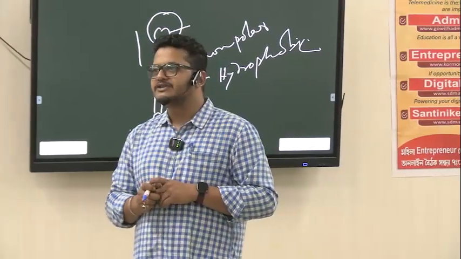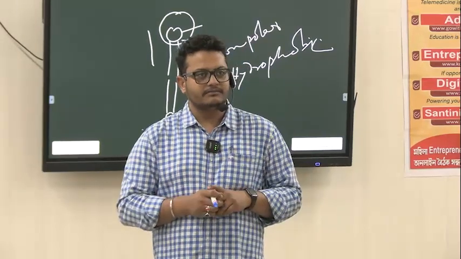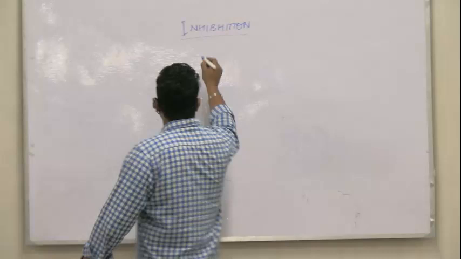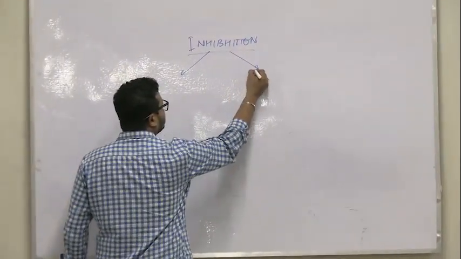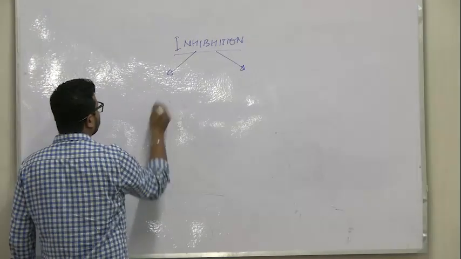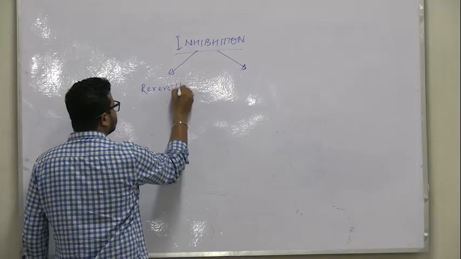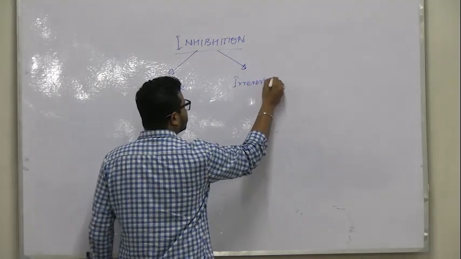Inhibition is provided by components that are called inhibitors. Simple? Fine? So when we talk about enzyme inhibition, there are two types of enzyme inhibition that we are going to encounter. One is reversible, another is irreversible.